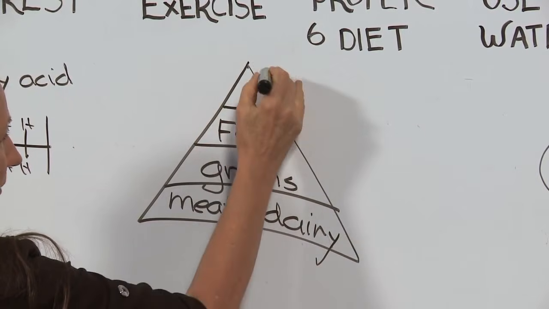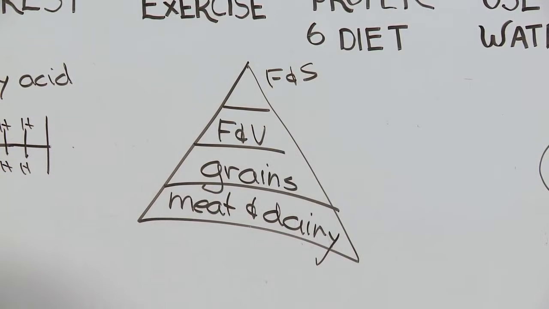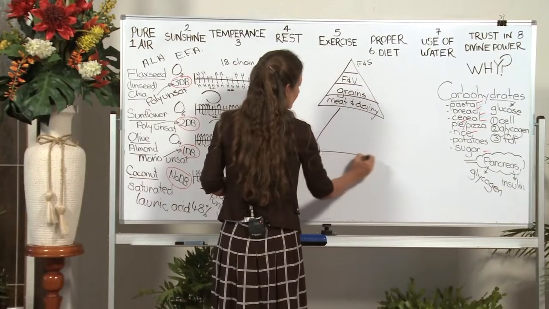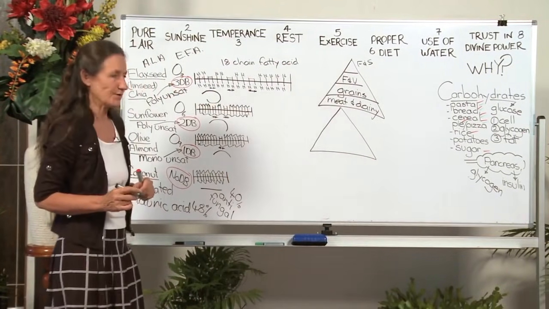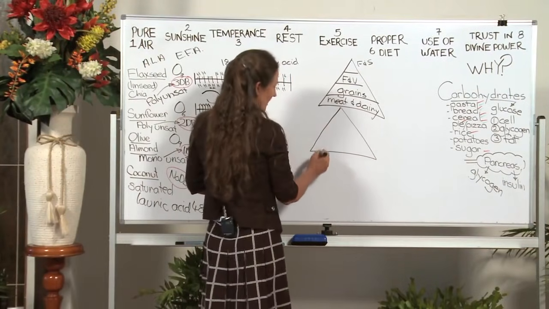And right up the top were fats and sugars. In about the late 80s, early 90s, they changed the triangle because of heart disease and because of the belief of the high dairy products with their high saturated fats were clogging up the arteries.